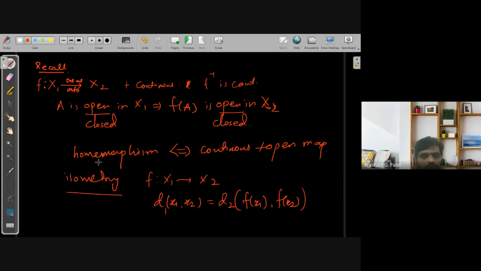We have proved that an isometry implies 1-1, and we have also seen that if the isometry is onto, then f will be a homeomorphism between these two spaces. And then we talked about a lot of examples based on this homeomorphism.